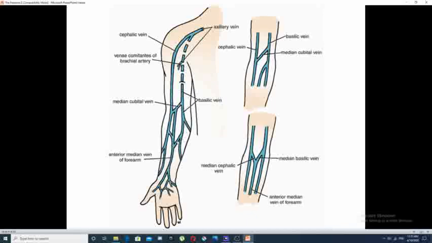An important site for communication is in front of the cubital fossa by an important vein, as you see, the median cubital vein.